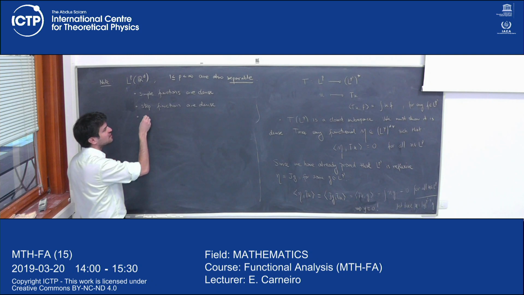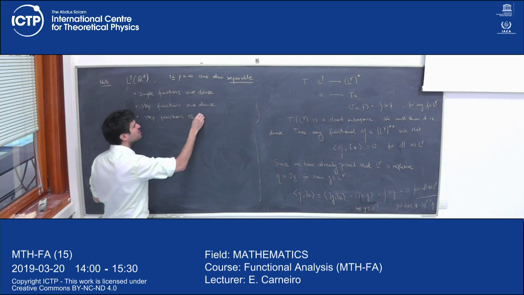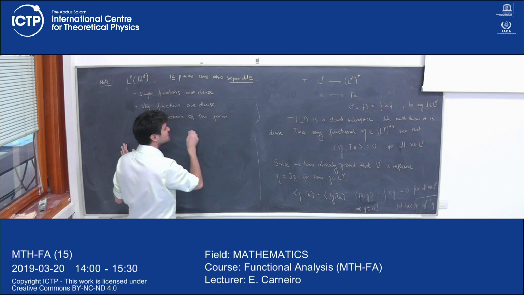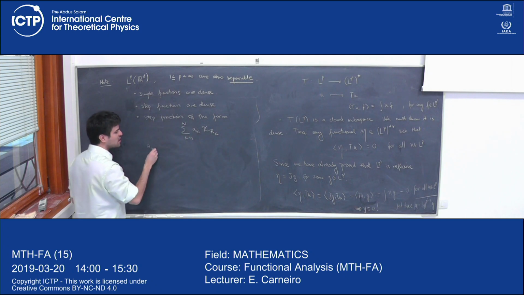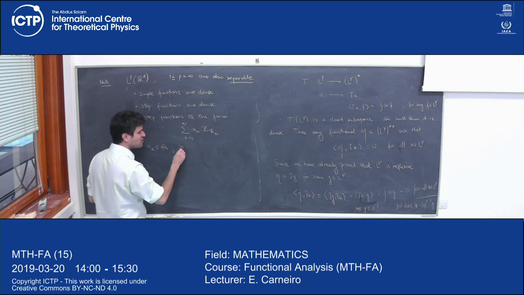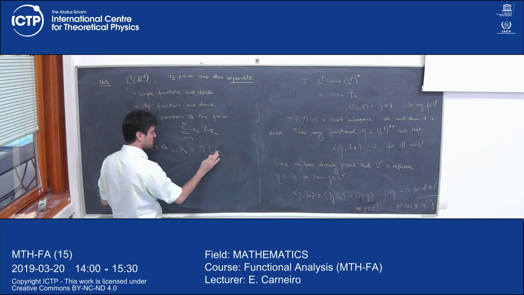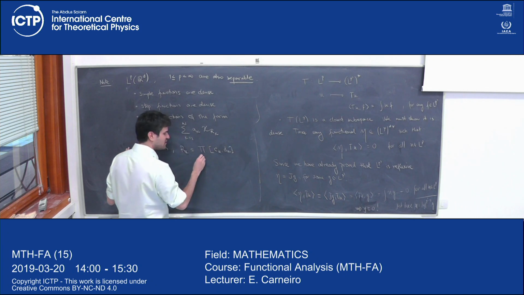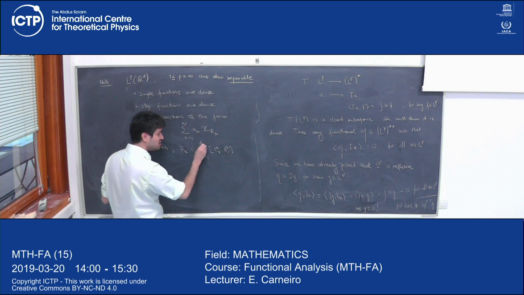So you can take here, let's say, step functions of the form sum of a_k times the characteristic function of rectangle R_k, k from 1 to big N, with a_k being rational, and the rectangle R_k being a product of intervals c_i^k to d_i^k, i from 1 to D, because you're in RD, where c_i^k and d_i^k are also rational.